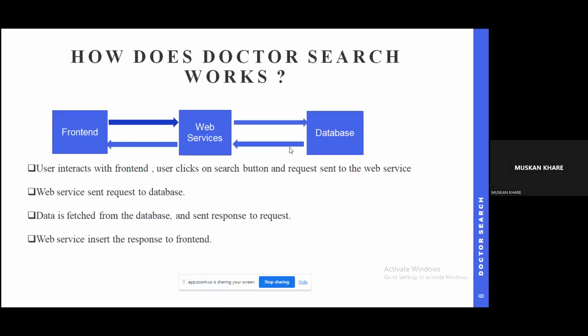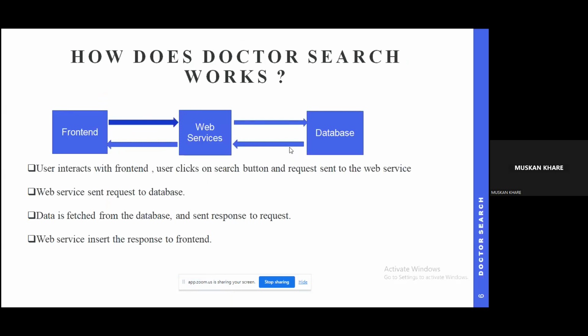Now how does this website work, how does doctor search work, how can a user search for doctors? First of all, the user will interact with the front end. Front end means a prototype.